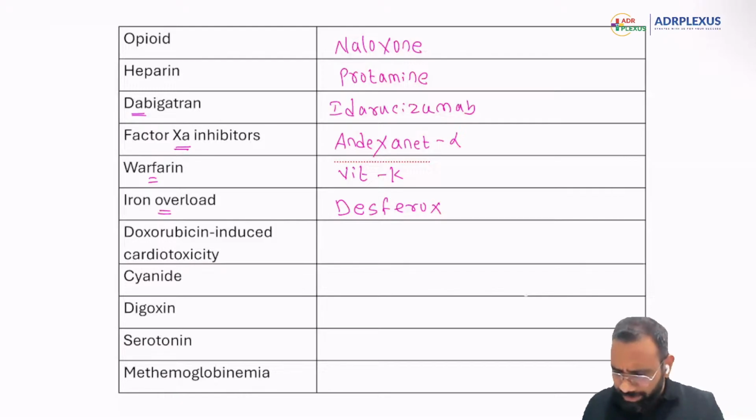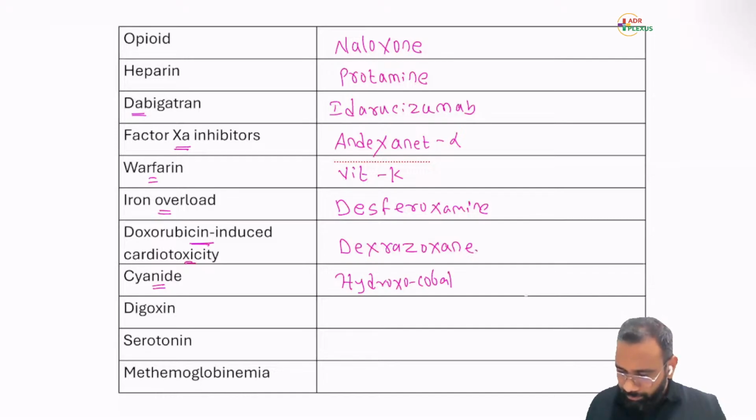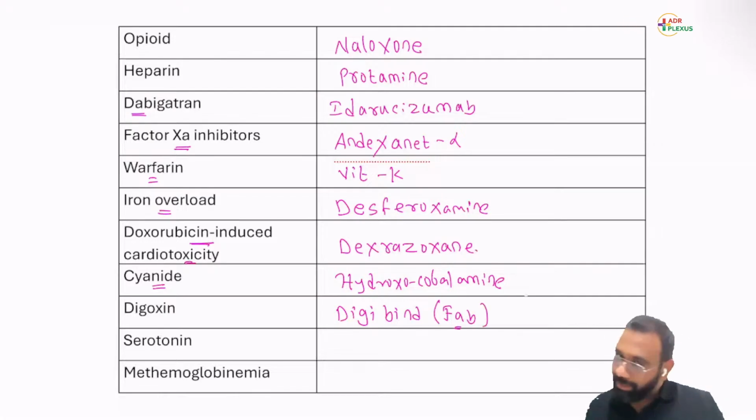Doxorubicin-induced cardiotoxicity, dexrazoxane. Cyanide poisoning, hydroxocobalamin. Digoxin, there is something known as Digibind, which is only the Fab fragment, the digoxin antibody.